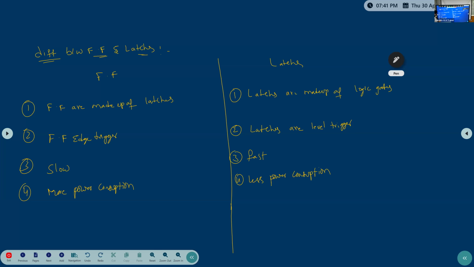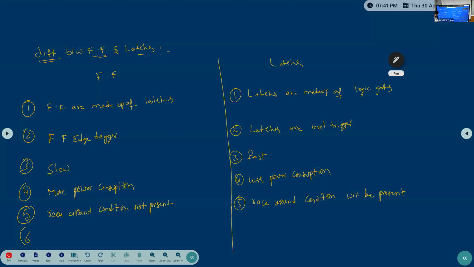Next, fifth point: race around condition not present in flip-flops. Here in latches, race around condition will be present, right? Race around condition will be present.